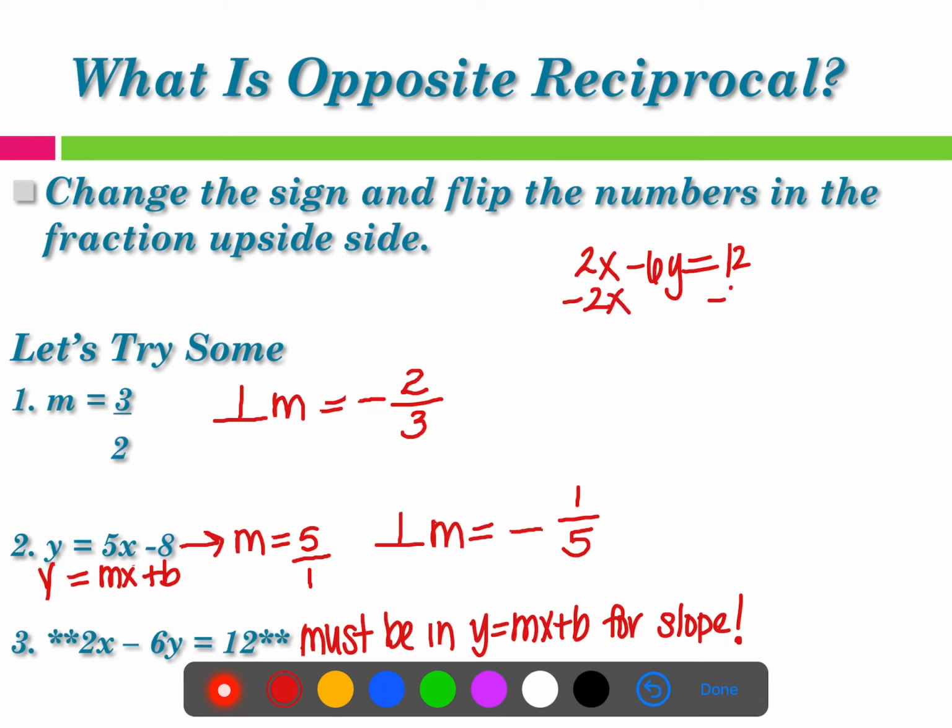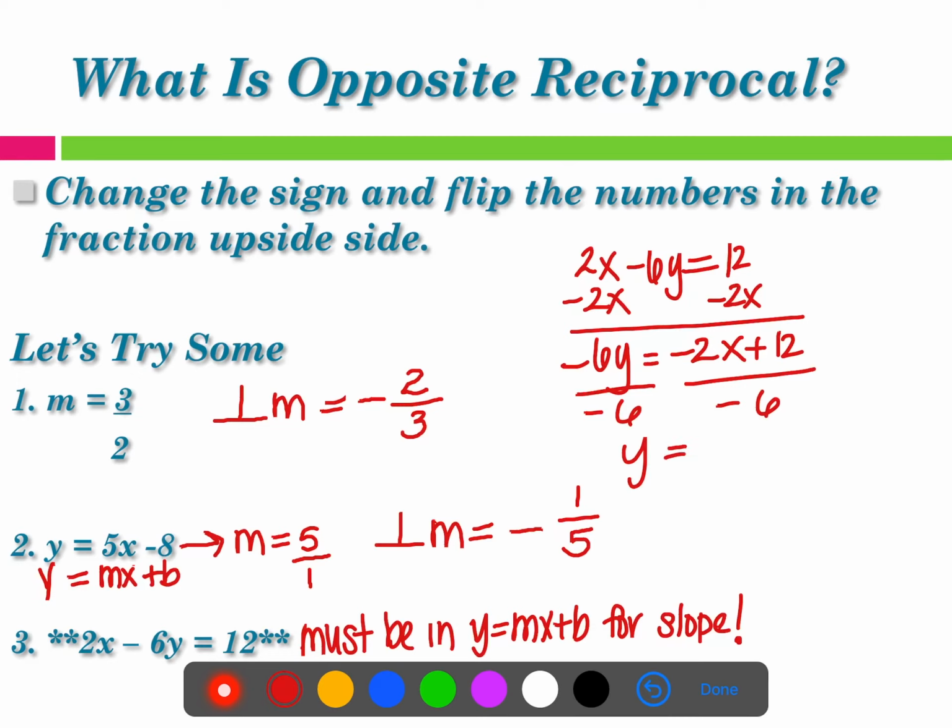So we're going to move the x and divide. So this is still the original equation, which means my original slope is 1/3 and my perpendicular slope is going to be -3.